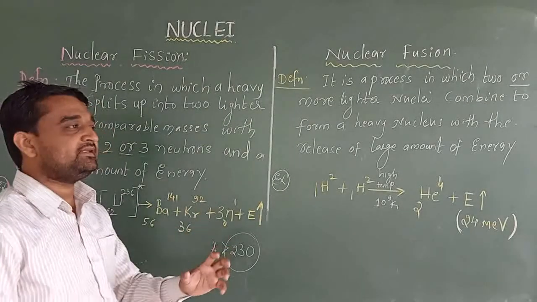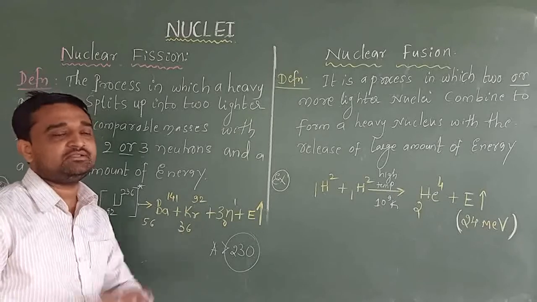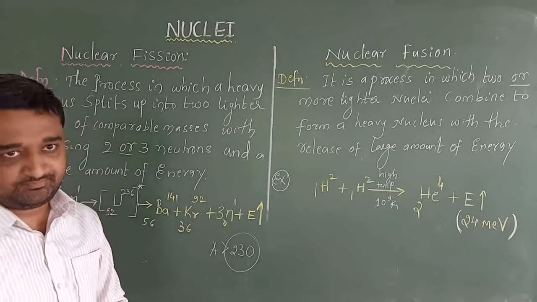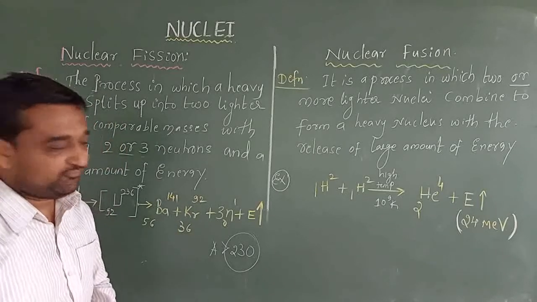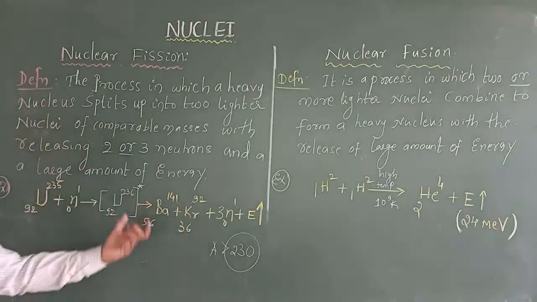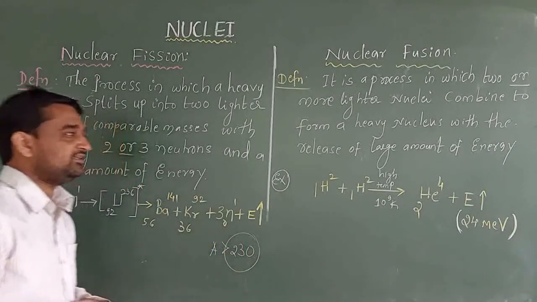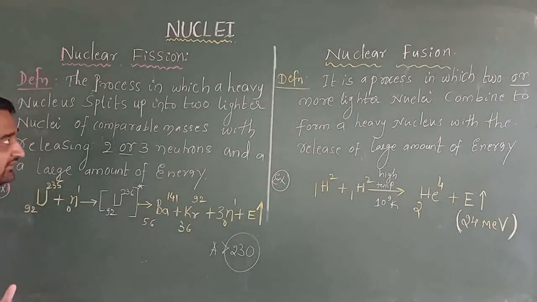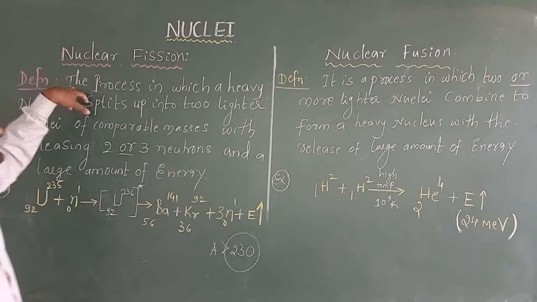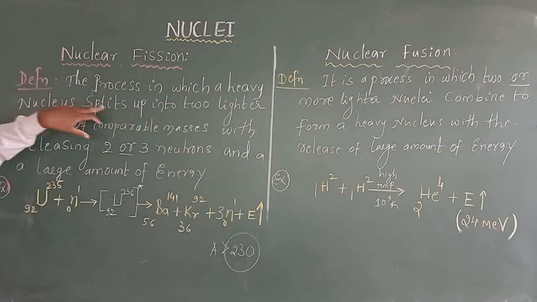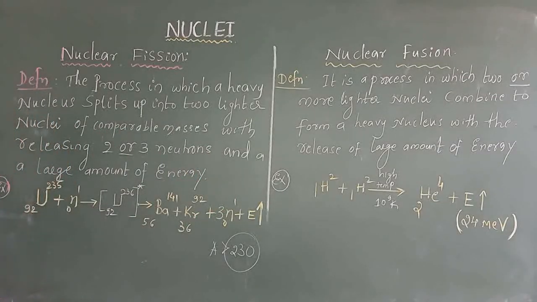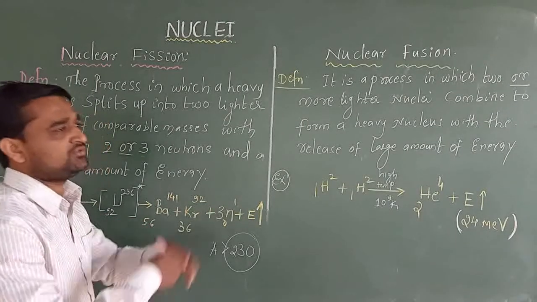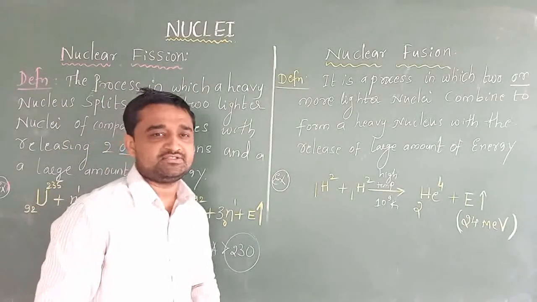If the binding energy per nucleon is small, then that nucleus is unstable, and it tries to become a stable nucleus. For this reason, nuclei with an atomic mass number greater than this try to become stable, and in that process the heavy nucleus splits up into two lighter nuclei of comparable masses with the release of 2 or 3 neutrons, and a large amount of energy is released in this process.